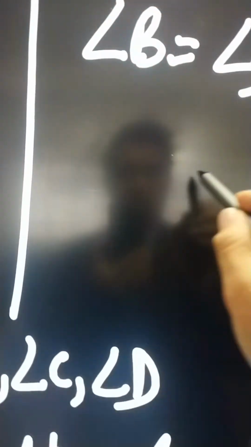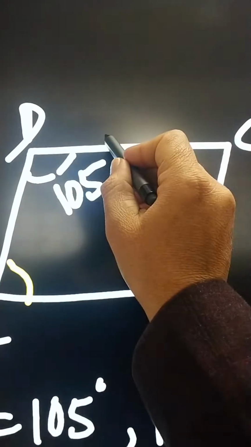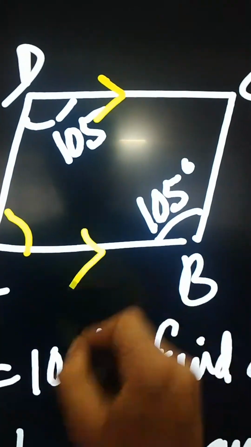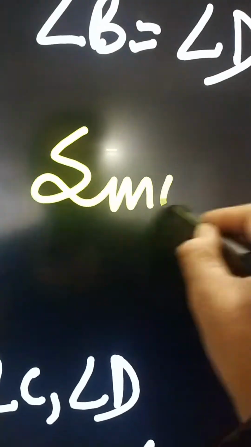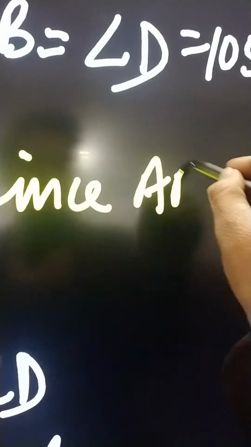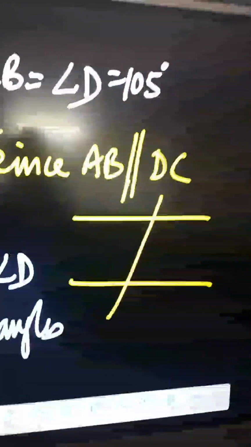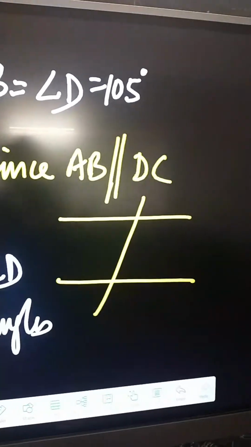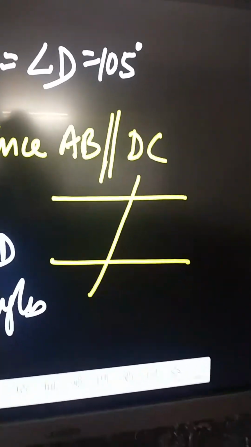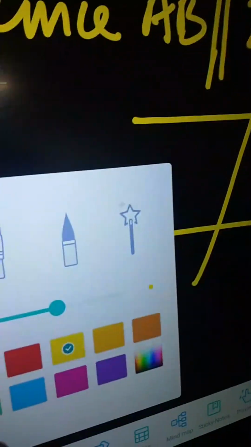In class 7, you did this property of a parallelogram: its opposite sides are parallel. So since AB is parallel to DC, if I draw this line, in parallel lines, a line which cuts is called what? A transversal.